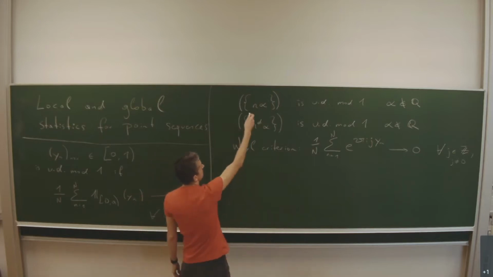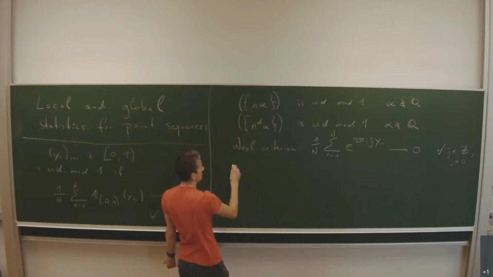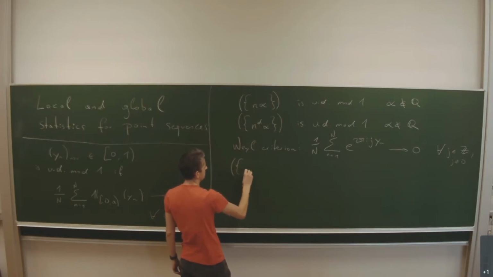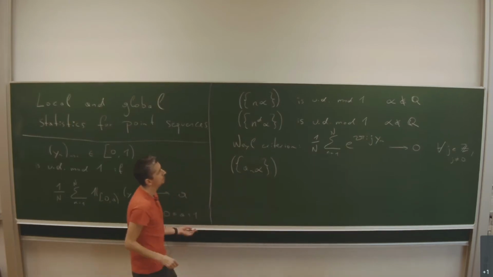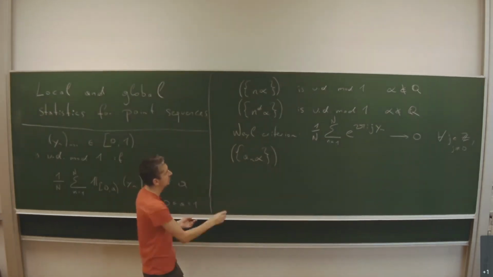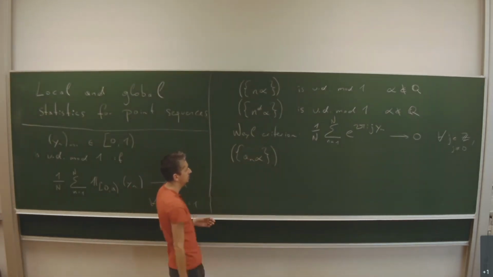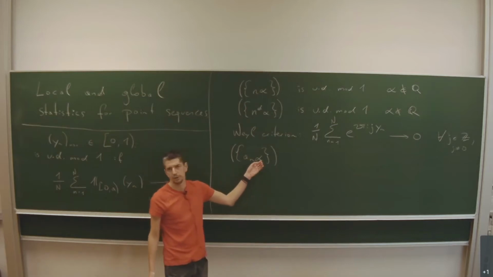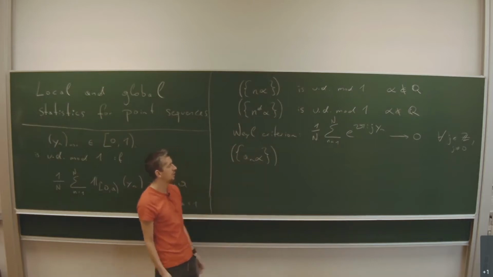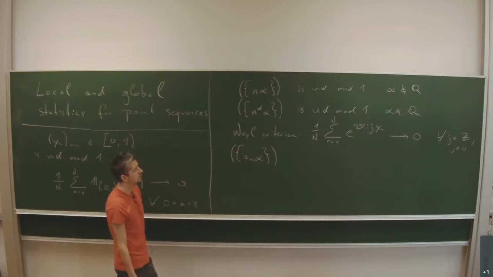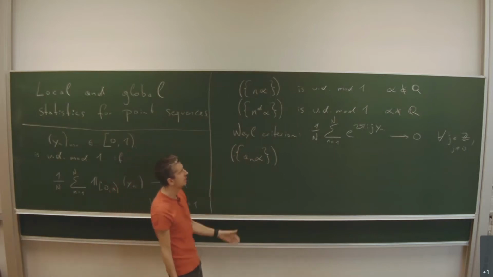If you plug in some general sequence here, say some a_n, a sequence of distinct integers, then typically you cannot easily determine anymore for which particular alpha this is uniformly distributed mod 1, so this can be very difficult to check. Say, for example, if a_n is 2 to the n, it's very difficult to figure out if for some alpha this sequence is uniformly distributed or not.